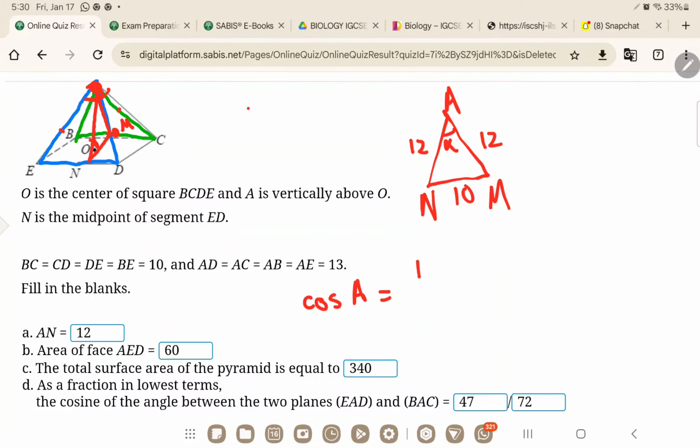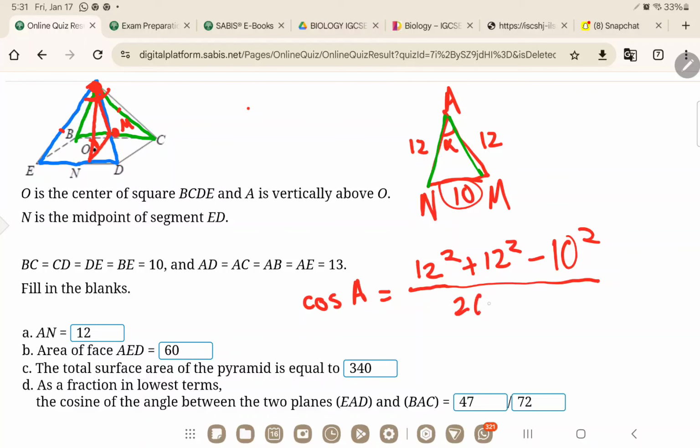the two sides that surround the angle, so the green sides. So 12 squared plus 12 squared minus the side that doesn't have anything to do with the sides that make up the angle, so 10 squared, over 2 times 12 times 12. Now let me put all of it in my calculator and see what we get.